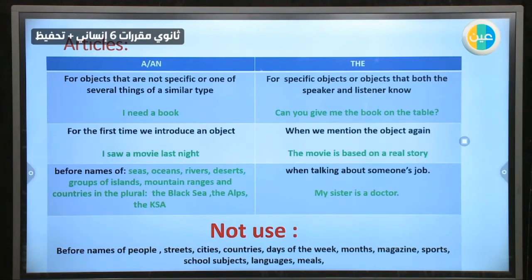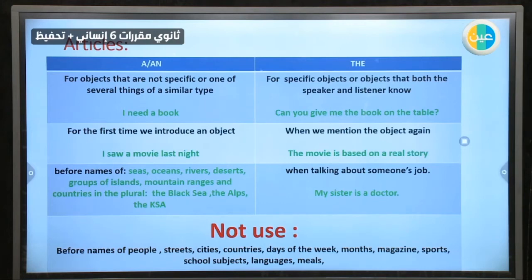Let's say the Red Sea, the Indian Ocean, the Thames, the Empty Quarter desert. So before names of seas, oceans, rivers, deserts, groups of islands like the Bahamas, mountain ranges like the Alps, and countries in the plural, use the: the Black Sea, the Alps, the Kingdom of Saudi Arabia.